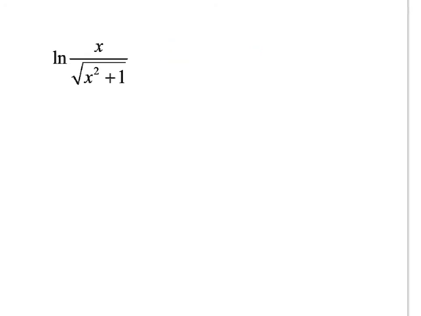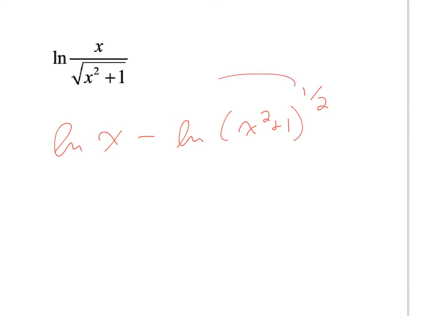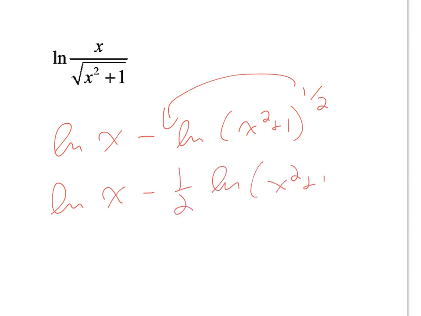Looking at this one, again, we have a natural log of a quotient. So this is going to be ln x minus, now be careful here, ln of x squared plus 1 raised to the 1/2. We can bring the 1/2 down in front. So I have ln x minus 1/2 ln of x squared plus 1.